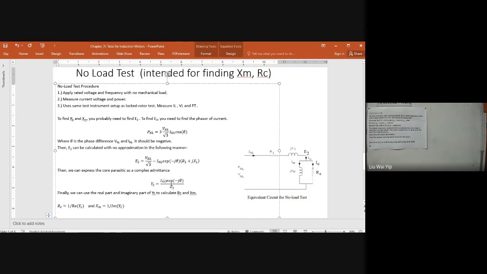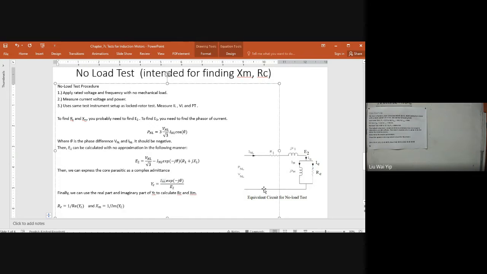From there, you get the admittance, and you can use the real part of the admittance to calculate the core resistance RC, and the imaginary part of the admittance to calculate the magnetizing reactance of the core.